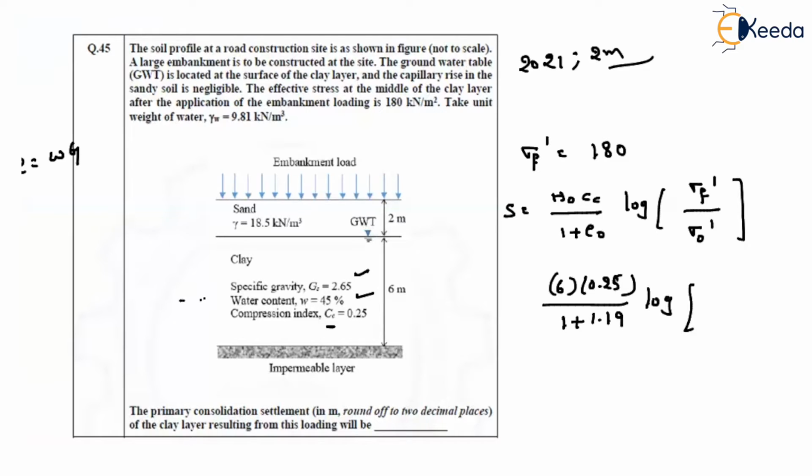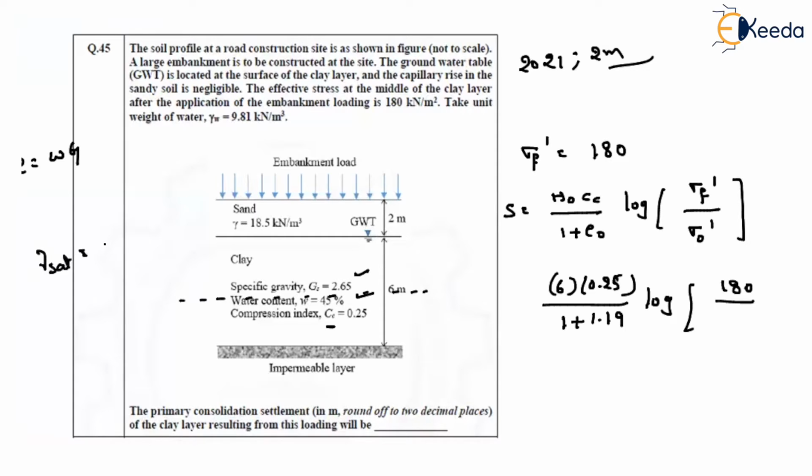At the middle of the clay layer, they have given the direct value, so it will be 180 divided by, we just have to find out the initial value. So what is the initial value? Here they have given the gamma value for the sand, and you have to find out the gamma sat for the clay. What is the gamma sat?